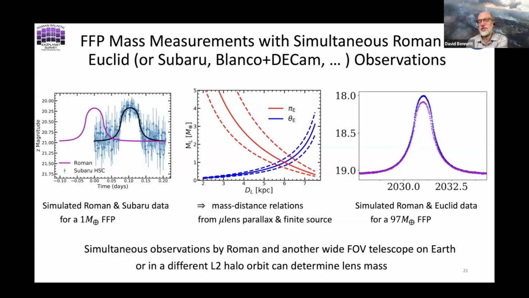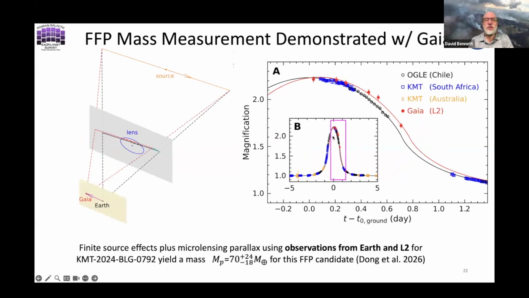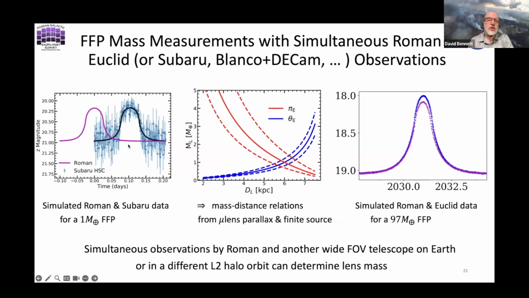Although that might give us sensitivity to much lower mass free floating planets, but there is also then a potential problem if the planet mass is too low, then the finite source effects may watch out. I mean, then the Einstein radius of the planet may be much smaller than the angular size of the star, and that makes it harder to find the planet.